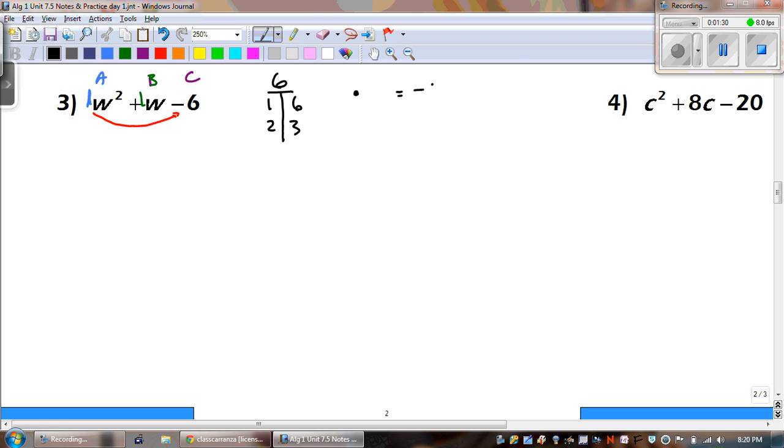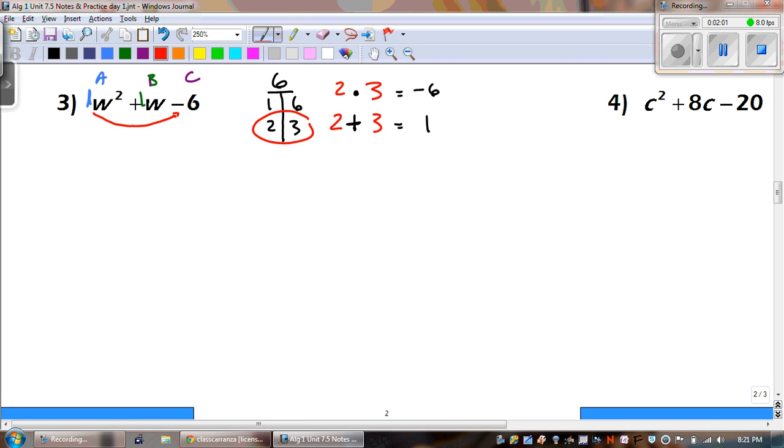Now we're going to worry about the negative. So what two numbers multiply to get to -6, but add up to get to +1? What do you guys think? Well, it sure isn't 1 and 6, because 1 plus 6 is 7. So I know it's going to be some combination of 2 and 3.